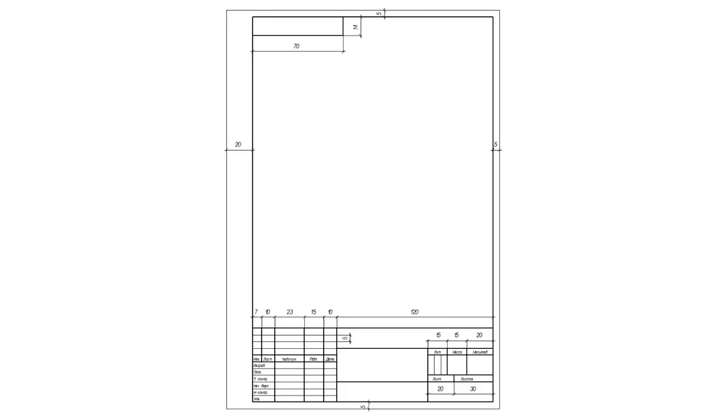And now, after we learned how to work with the coordinate system and the line tool, we'll try to draw with the line tool the blank A4 format with a drafting stamp by standard.